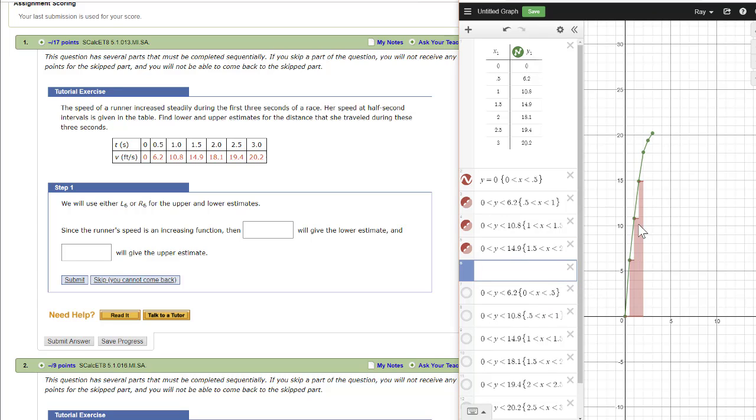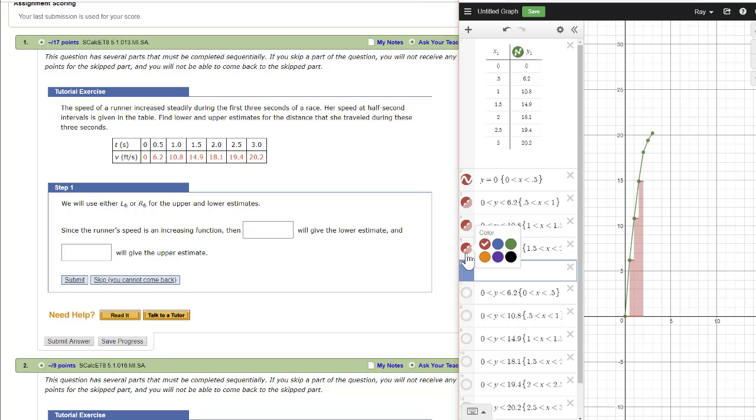This is what we have. So it's not complete, but you get the picture. You see that compared to the graph itself, these rectangles are going to be below the graph. So the left-hand endpoints will give us a lower estimate.